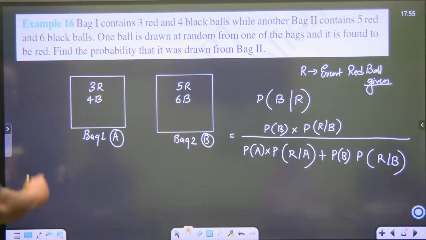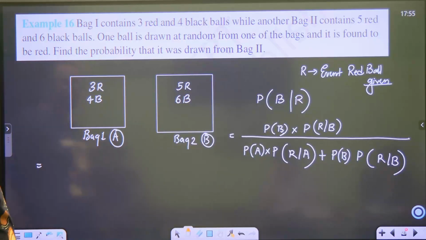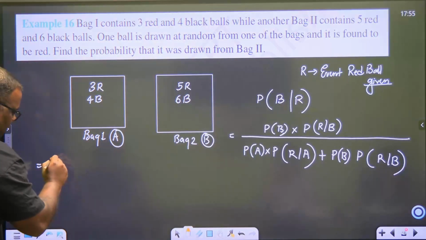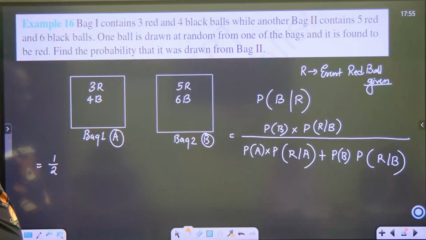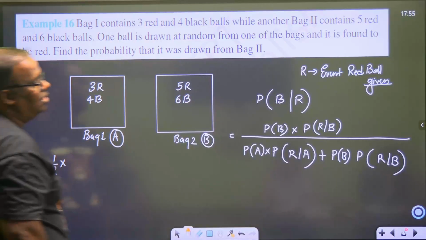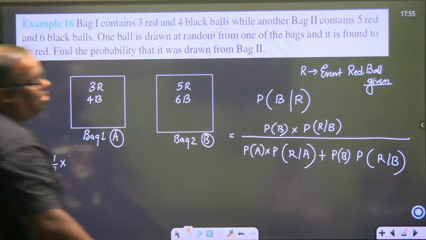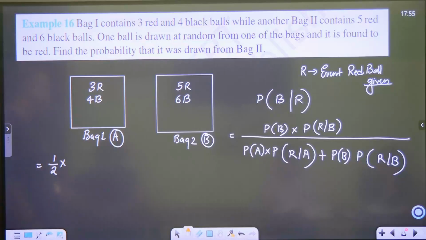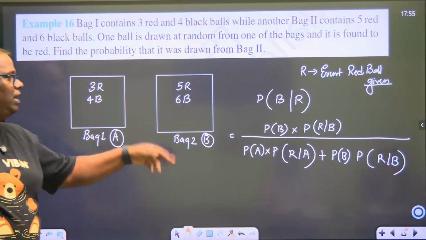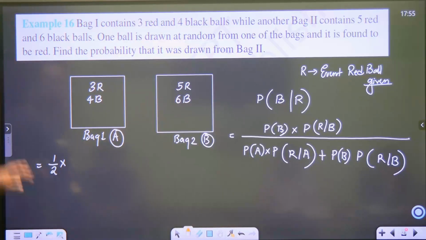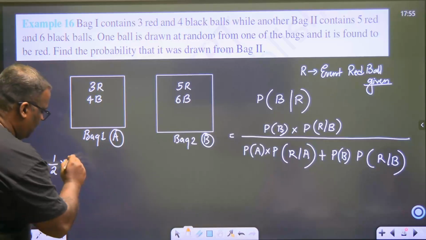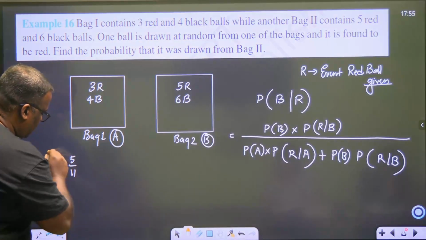Okay, so let's try to see the answer. Numerator P(B). Tell me what is P(B). P(B) is getting the bag, half, multiplied by this one, P(R|B). Red you are trying to find from bag B: 5 by 11, right?